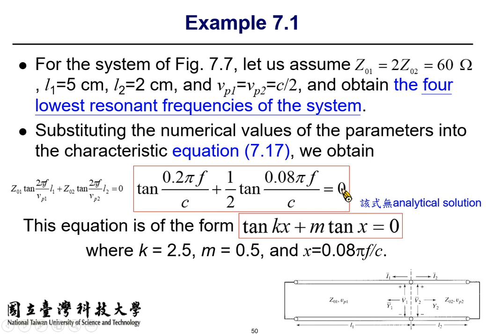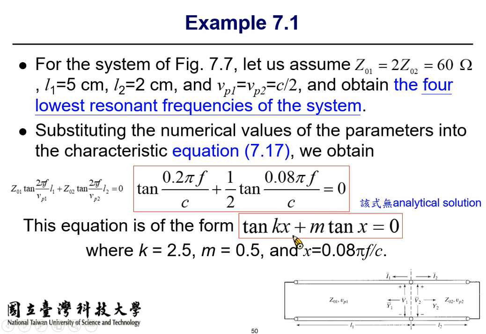Okay, so by substituting the parameters, that is Z01 equals 60, Z02 equals 30, the lengths L, and the Vp, you have this equation. And you know that this appears in the form of tangent of kx plus m times tangent x equals 0.